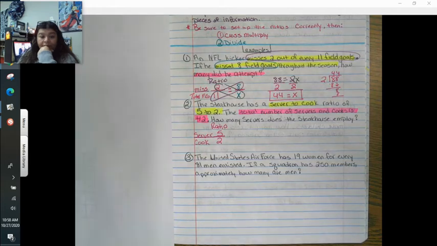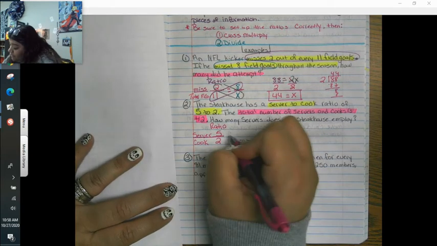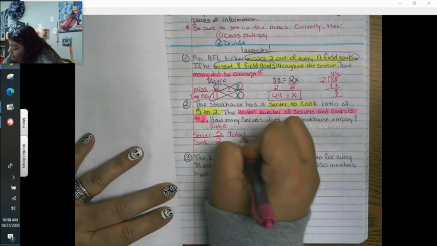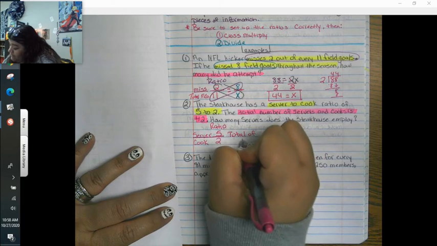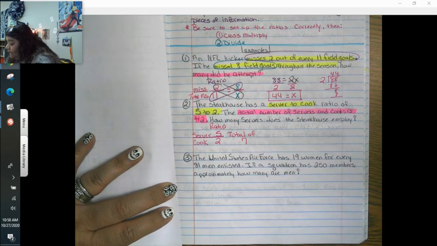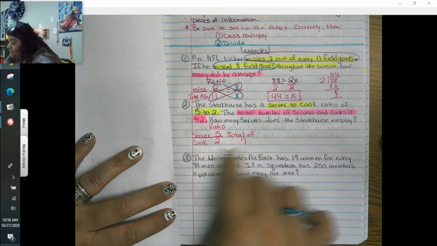Think about it. The ratio says 5 servers and 2 cooks. How many is that in that ratio? It's a total of 7, okay? So here I have a total of 7.